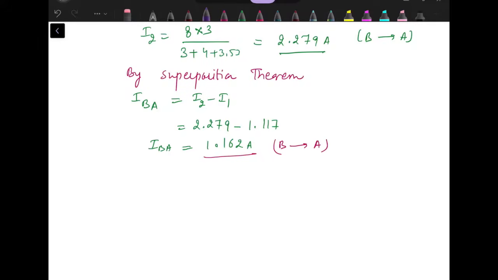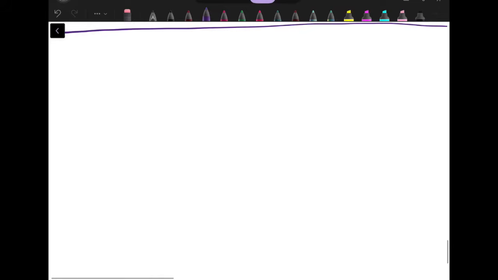Let's move to second problem to have a better understanding of superposition theorem.